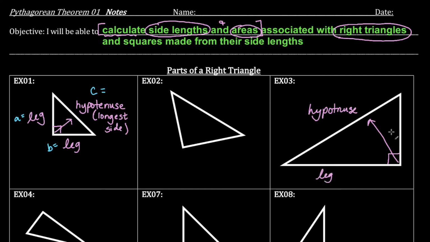Don't forget that we have to label the A, B, and the C. The hypotenuse will always be C, and this leg can be A and this leg can be B. If I were you, I would go ahead and do all of these, and then check them with my notes or with this video. Give me one second and they should show up.